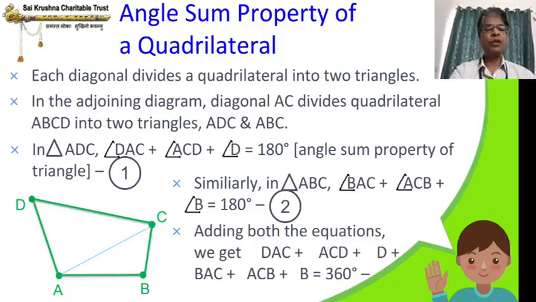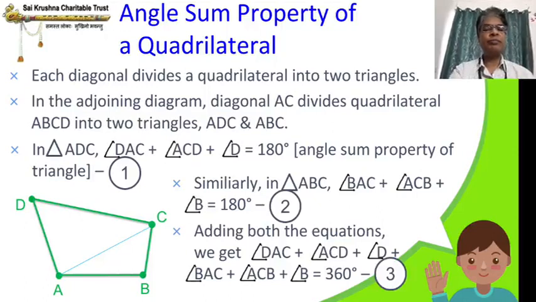Adding both equations 1 plus 2, we get DAC, ACD, D, BAC, ACB, B equal to 360 degrees. That is, all three components of equation 1 and three components of equation 2 sum to 360. Let us name it equation number 3. This is important, so you can pause the video, note down these equations and then move forward.